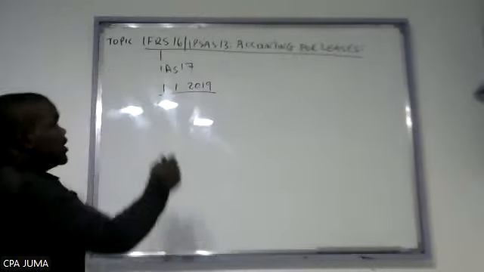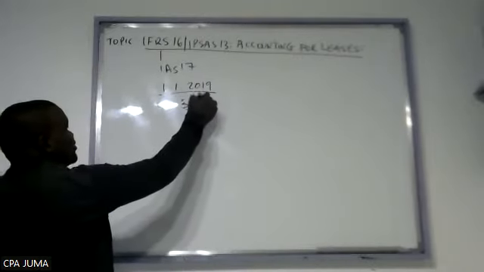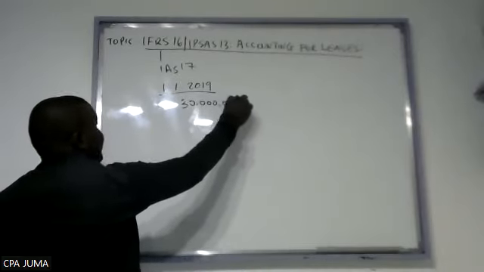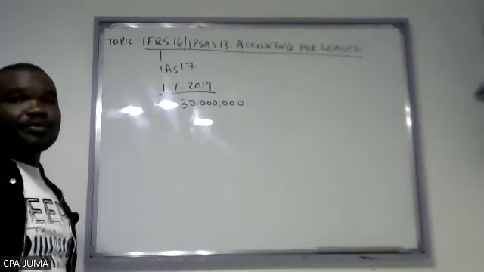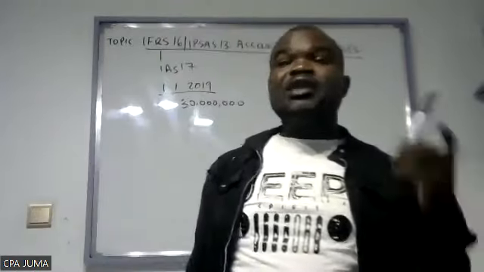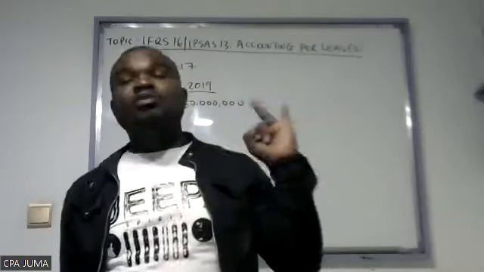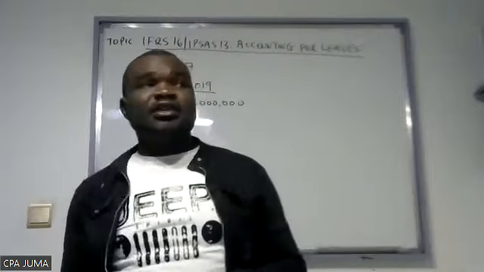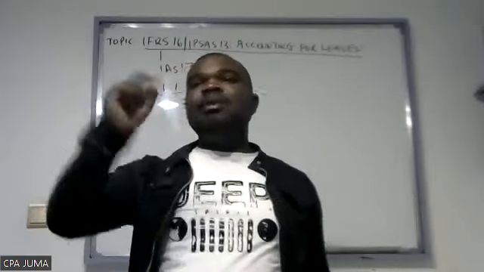So you can estimate that by the end of the lease period, we will have paid, let's say, 30 million. So this 30 million, you should recognize in the financial statement as an asset and obligation at the same time. So it is an asset, but you don't recognize the building.